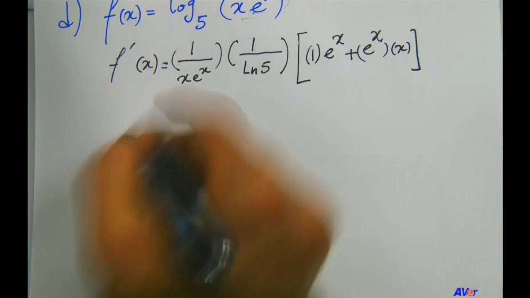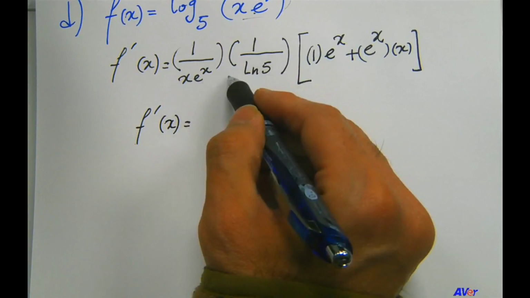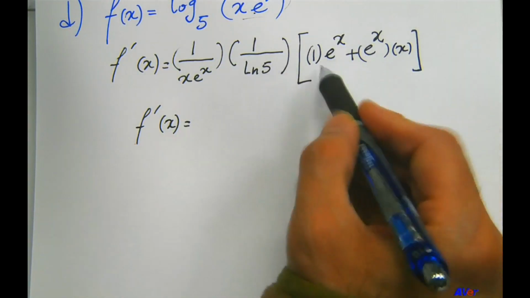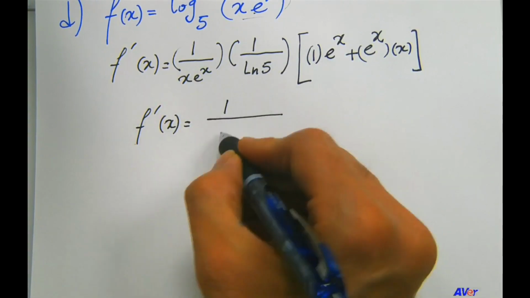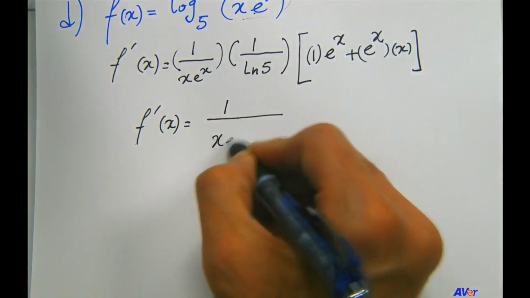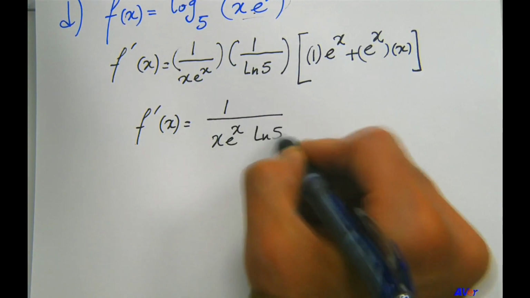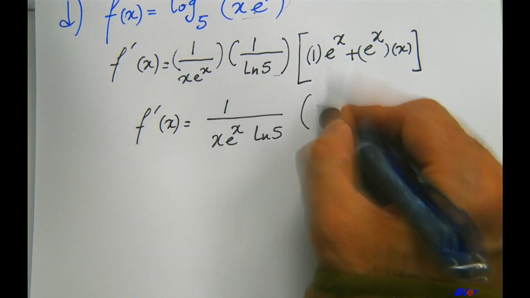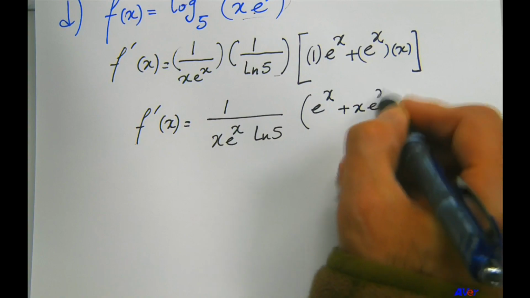Okay? So let's simplify here. We have f prime of x equals, let's combine these, we get 1 over x times e to the x times natural log of 5, right, multiplying that, times, let's simplify this, e to the x plus x times e to the x.